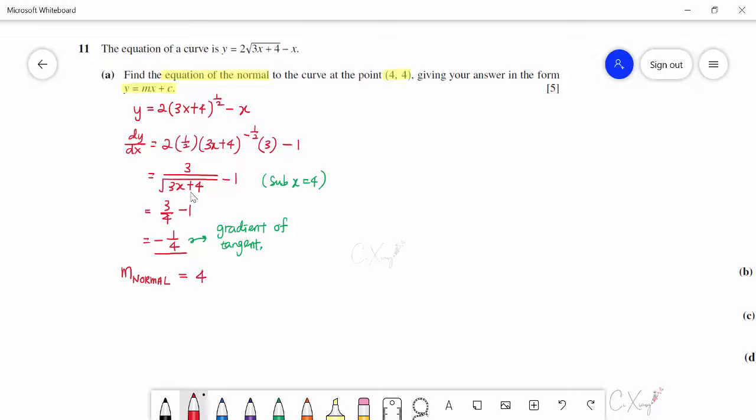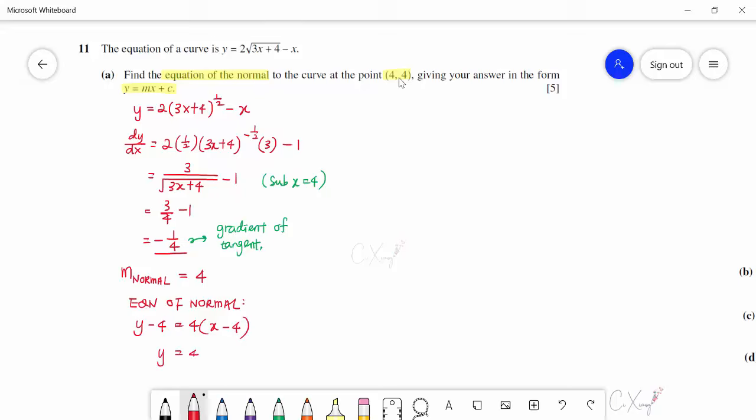So I have the gradient of the normal already, and I also have the point that the normal line passes through. Therefore, I can form the equation of the normal. It will be y - y1 = m(x - x1), where m is the gradient.